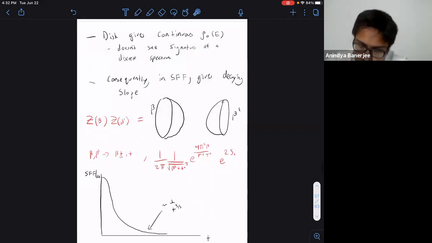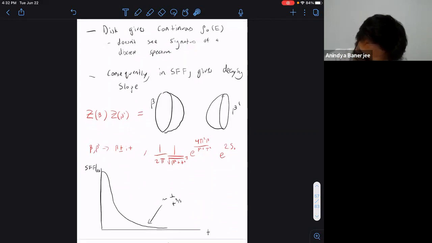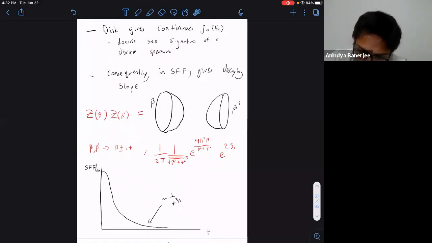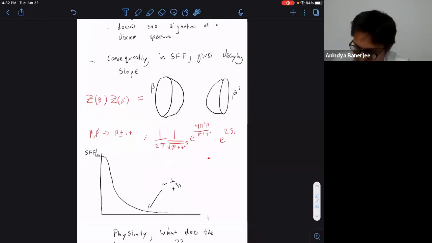This disk gives a continuous density of states. It doesn't see that JT gravity has a discrete spectrum. Consequently, if we take this disk answer and compute the spectral form factor, it gives a decaying slope. The spectral form factor is Z of beta plus it times Z of beta minus it. We can take 2 copies of this answer we got for the disk, multiply them, and we find this thing here.